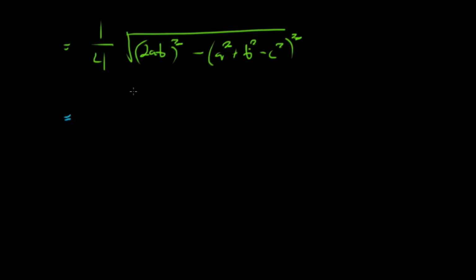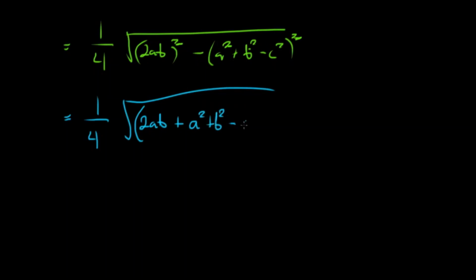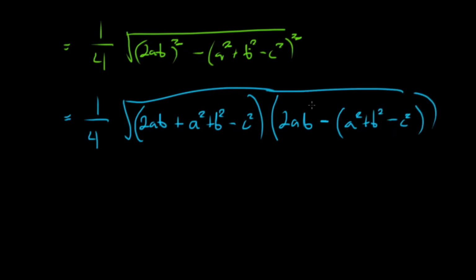I am going to use difference of squares. I'm factoring those things. I'm going to have 2AB plus the first thing, and I'm going to have 2AB minus A squared plus B squared minus C squared. I'm being careful with my parentheses here because I don't want to get any sign errors. Did you even think this was about to be a big factoring problem? Probably not. And then we've got some more factoring here.